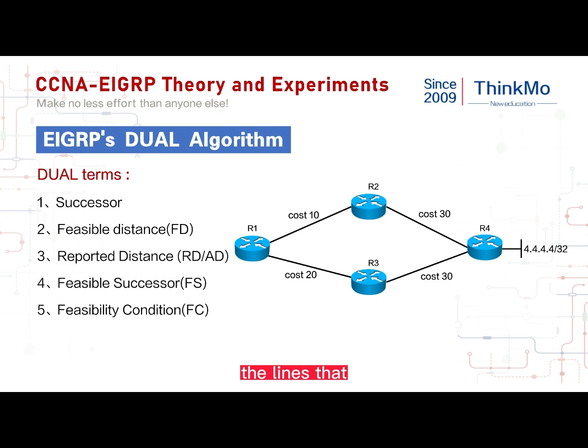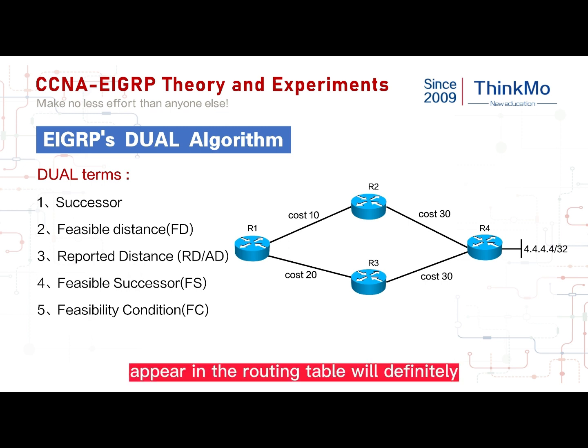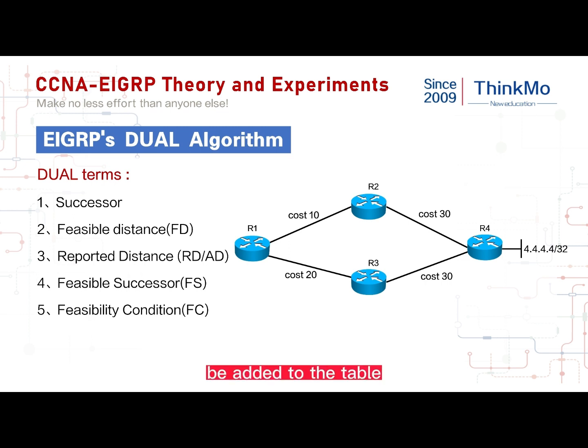The lines that appear in the routing table will definitely be added to the table, because it is the best path. Then for this optimal path, it has a thing: the successor router. Successor router means, if the current main line is the above line, then take R1 as an example.